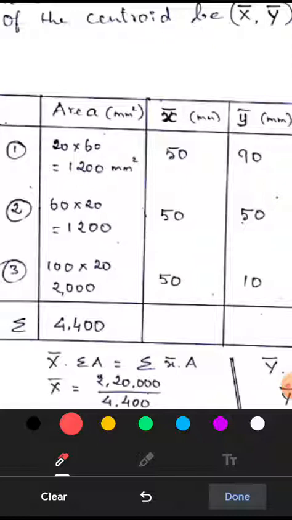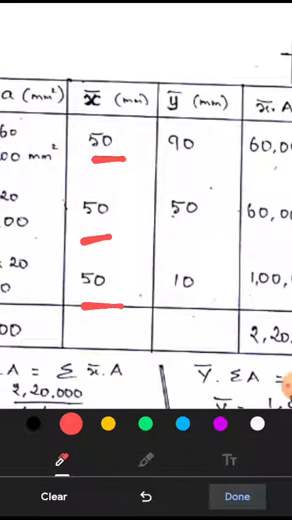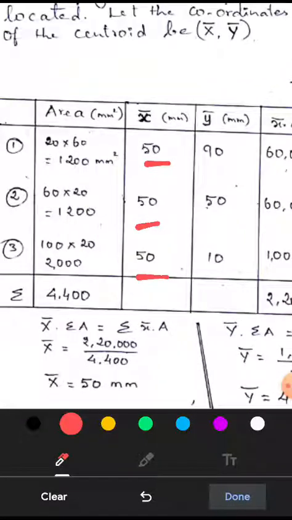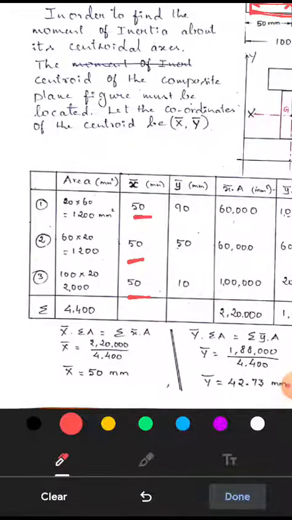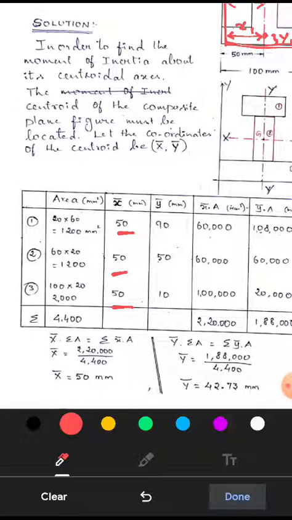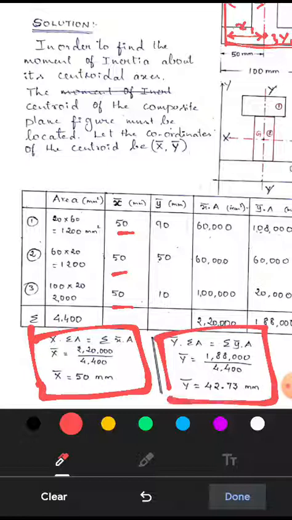In this case, because it is symmetrical about the y axis, the x bar distance never varies, and the y bar distance is the distance away from the reference axis, the x axis, for each area. Then we can fill up the table, and find the summation of x bar into A and the summation of y bar into A. If we divide that by the total area, we get the location of the global centroid, capital X bar and capital Y bar.